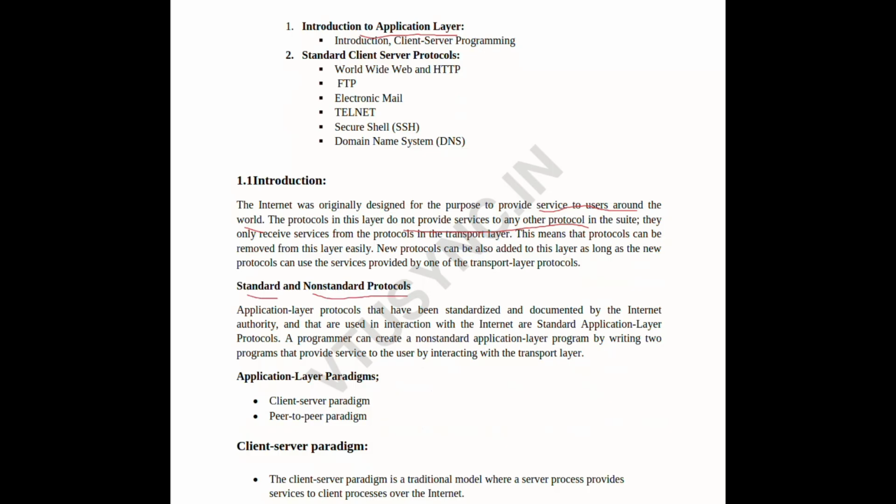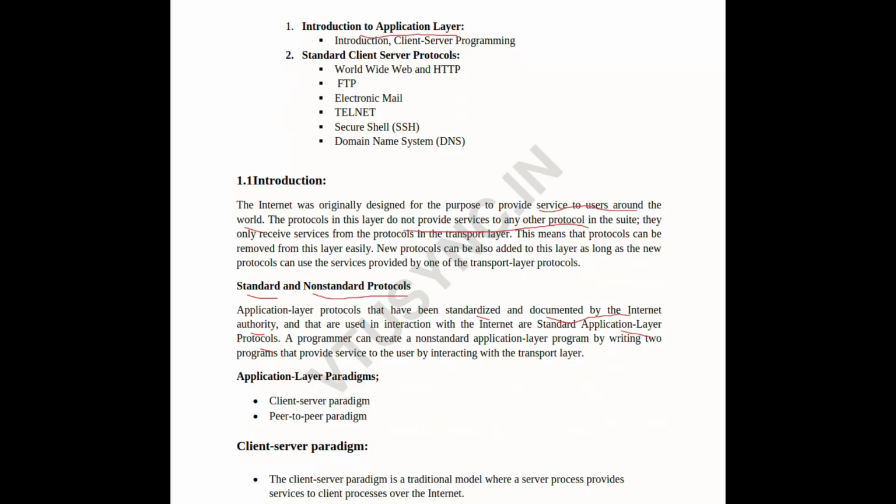Standard protocols in the application layer are those standardized and documented by the Internet Authority. They are used to interact with the internet as standard application layer protocols.